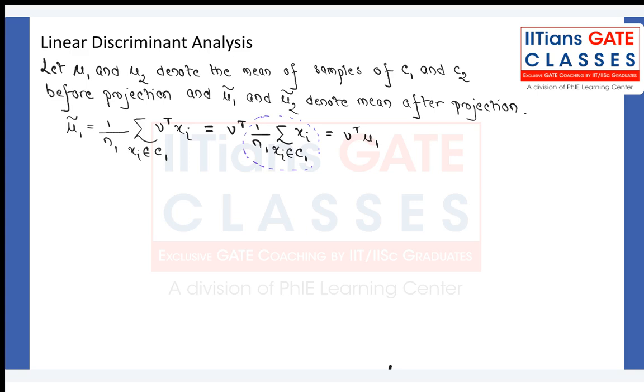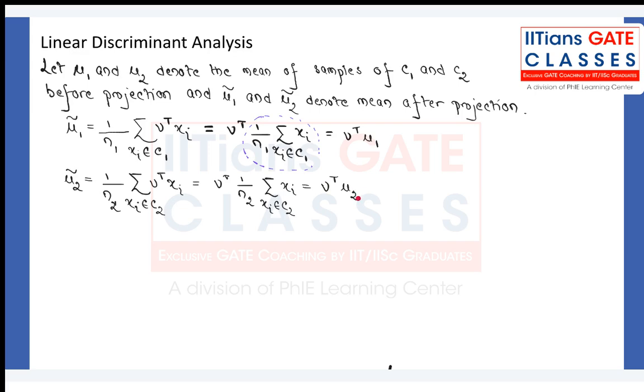Similarly, for mu2 it will be 1 by n2, because it's mu2, summation of samples belonging to class 2 v transpose xi, and if you do the same thing, v transpose 1 by n2 summation xi belongs to c2 xi is nothing but v transpose mu2.